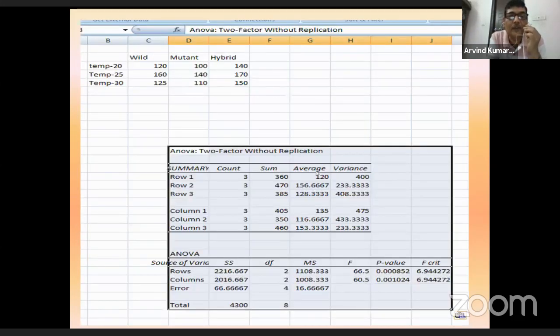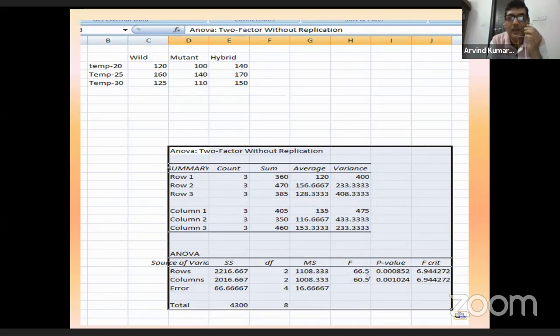In this table, particularly in the upper table, you can see there are 3 rows. Rows indicate temperature, so the average number of eggs laid at varying temperature is given. And columns 1, 2, 3 mean 3 different kinds of stocks, so the average number of eggs laid by these 3 stocks is also given. In the ANOVA table, you can see the F critical and F calculated values.